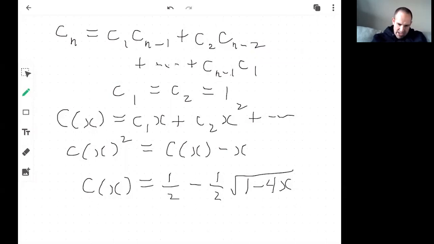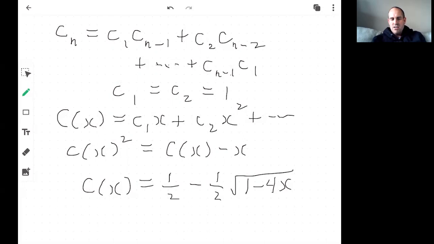We wrote down a generating function for that and found an identity for it, namely that the square of the generating function is equal to itself minus x. We used an algebraic derivation on that identity to come up with the generating function, namely that it's 1/2 minus 1/2 times the square root of 1 minus 4x.